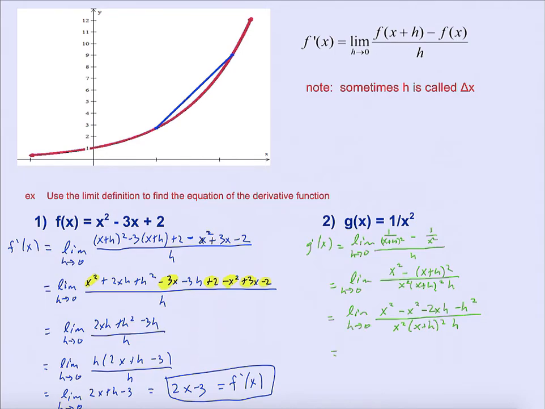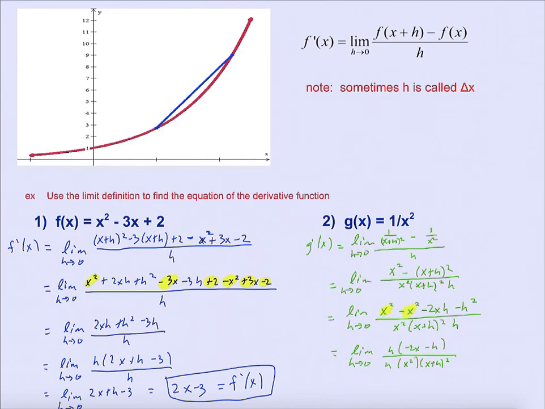And so again, there's a little bit of canceling to help us out in the numerator. And what's left, we have an h to factor out. So I'll cancel out those x squareds, and I will factor out an h. Again, you should be doing this on your own, making sure that what you're getting is the same as what I'm putting up here.